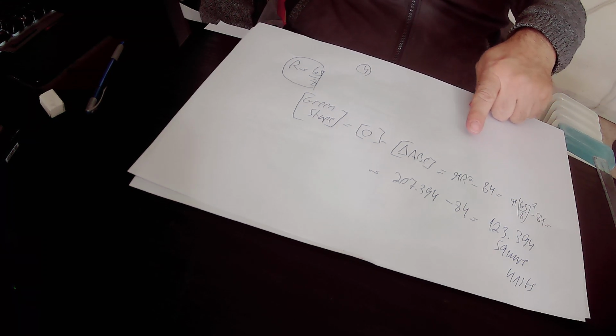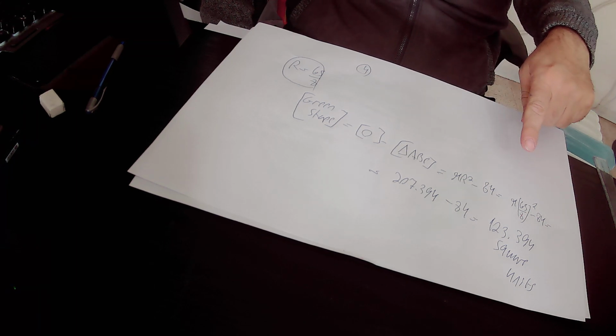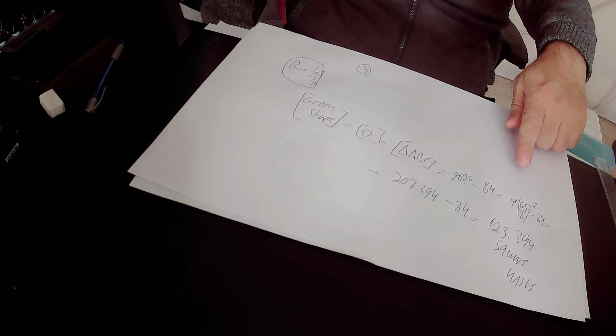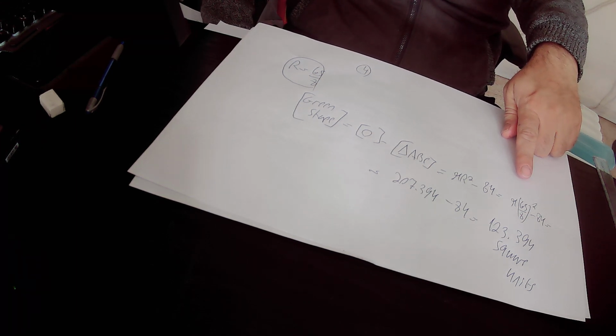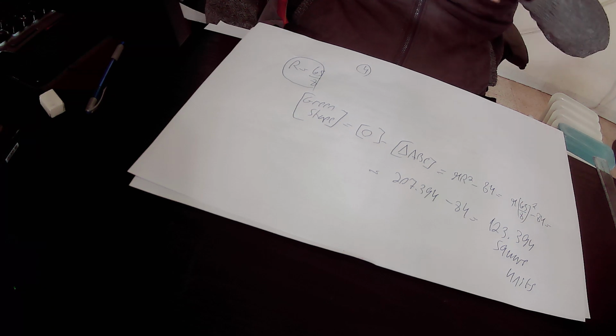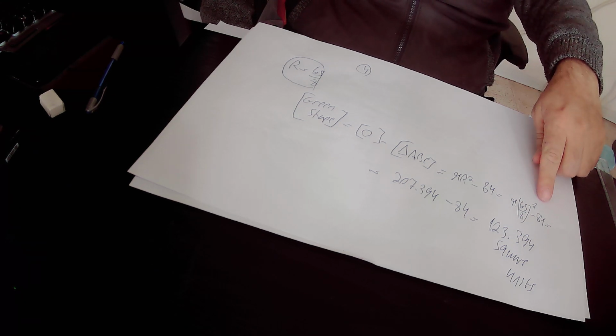Pi r squared is pi times r squared. R is 65 over 8, so r squared is 65 over 8 squared. So the area of the circle in total equals pi times 65 over 8 squared, minus the area of triangle ABC, that is 84 square units.